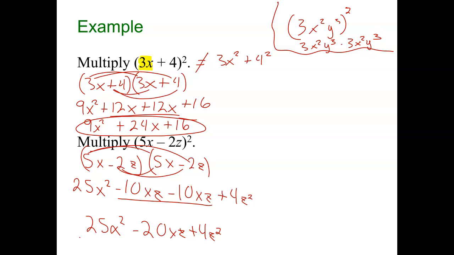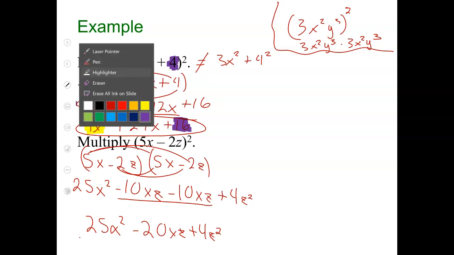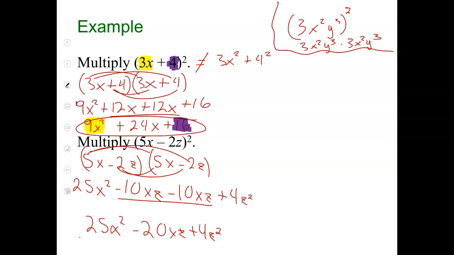If I have 3x times 3x, what do I get? 9x squared. And if I have 4 squared, what do I get? 16. And then last but not least, if I multiply 3x by 4, what do I get? Double it.